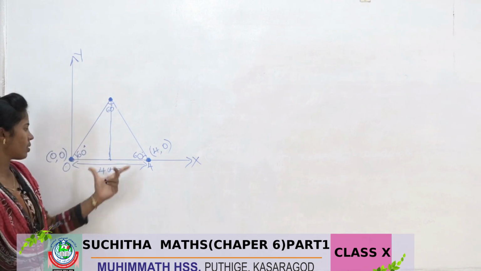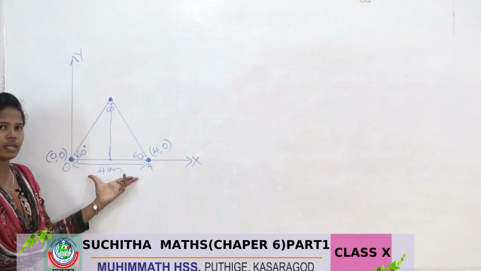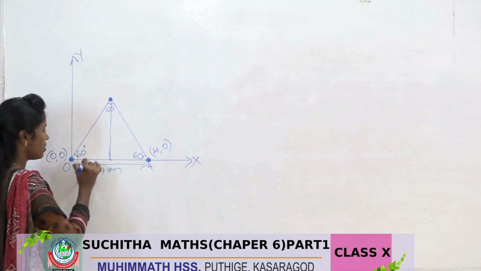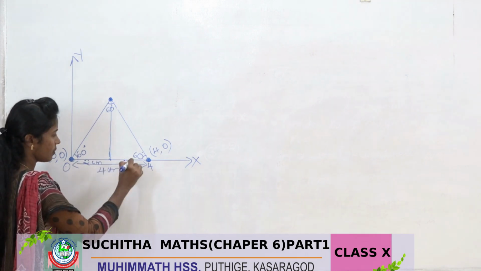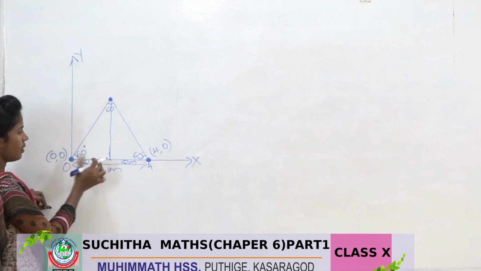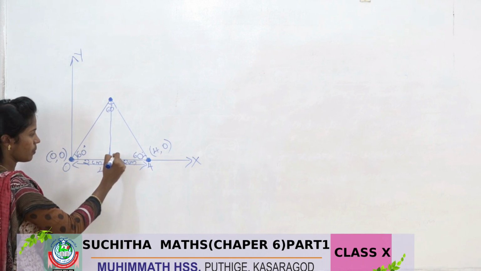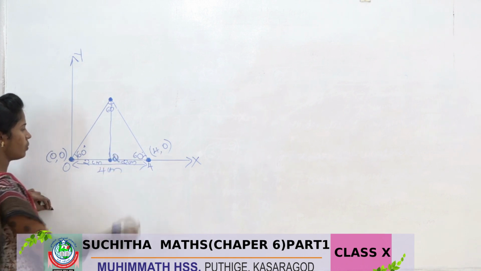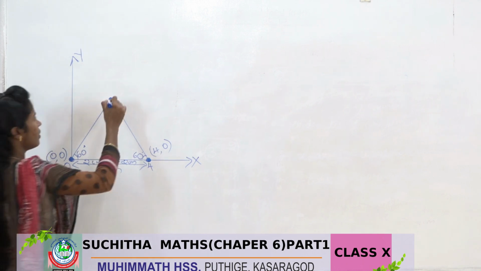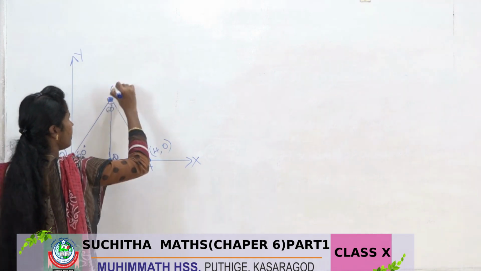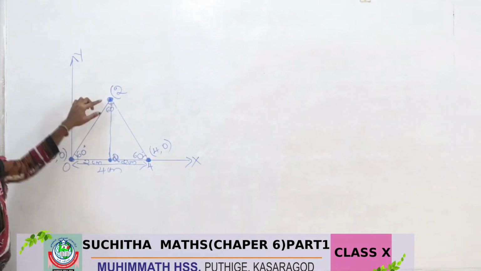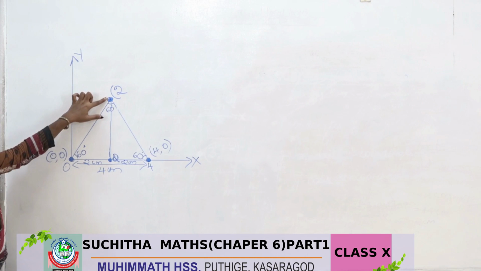So total length is 4 centimeter. Therefore this length is 2 centimeter. That means this point is 2. Therefore, x coordinate is 2, because this point is 2.